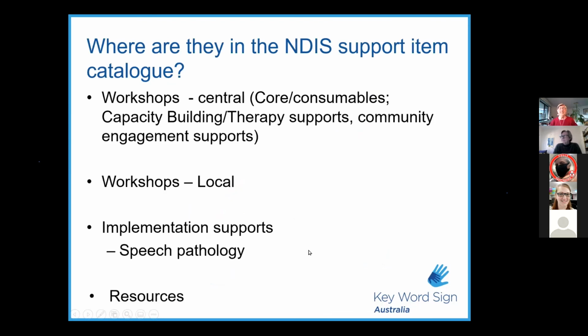So this is a summary of where things might be in the NDIS support item catalogue. Workshops, I don't think you could get from core consumables. It's really from capacity building, those therapy supports for improved daily living.